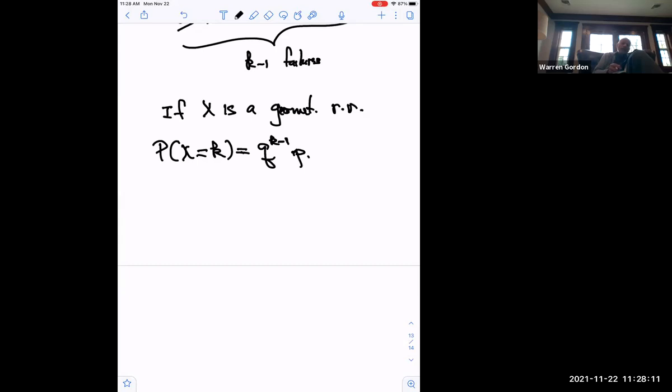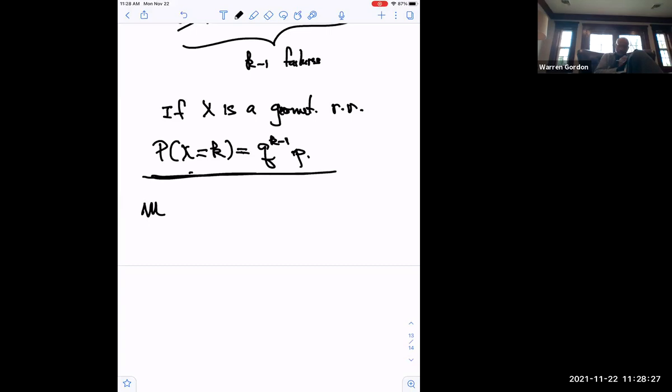So there are a couple of questions we'd like to answer. Namely, what's the expected value for this distribution? What's its variance? Well, we know we can figure out its moment generating function.